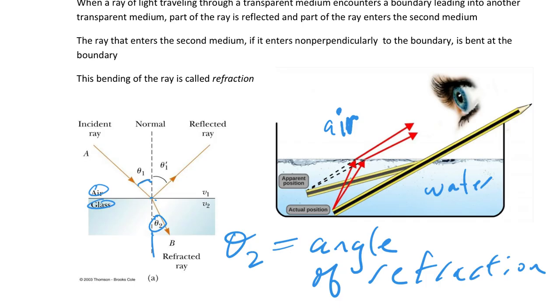So we're looking at something like this. Here's the incident ray, then it refracts towards the normal.